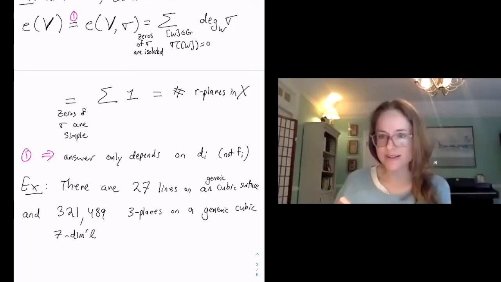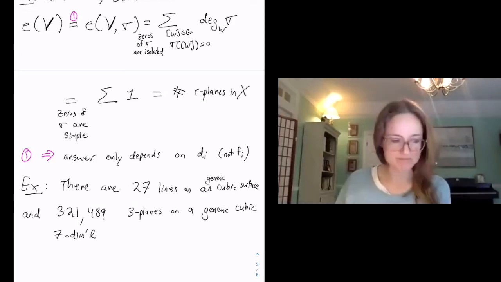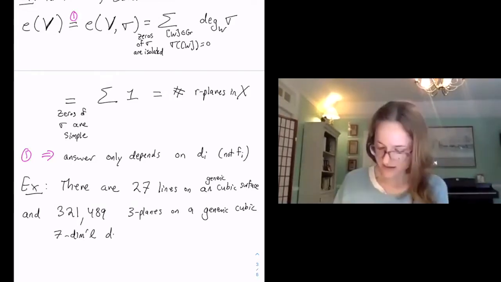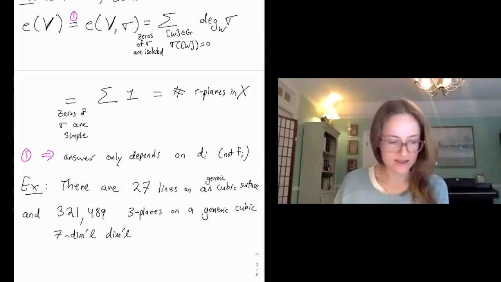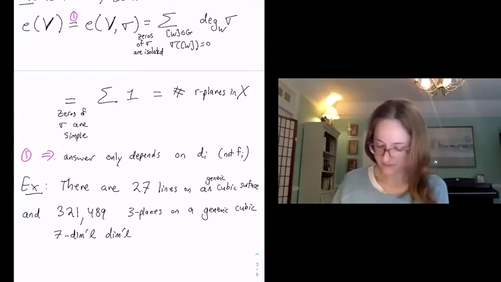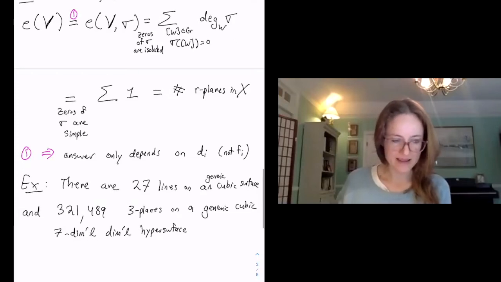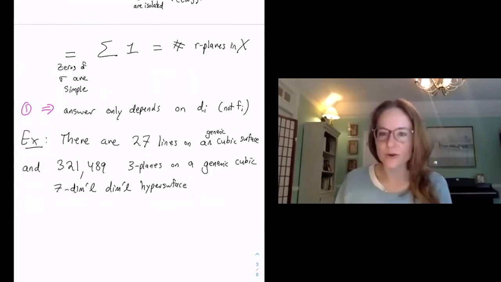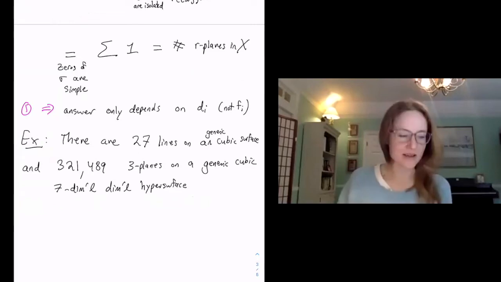And for any specific ones you want, you could get this answer using cohomology of Grassmannians, the splitting principle, and useful tools.